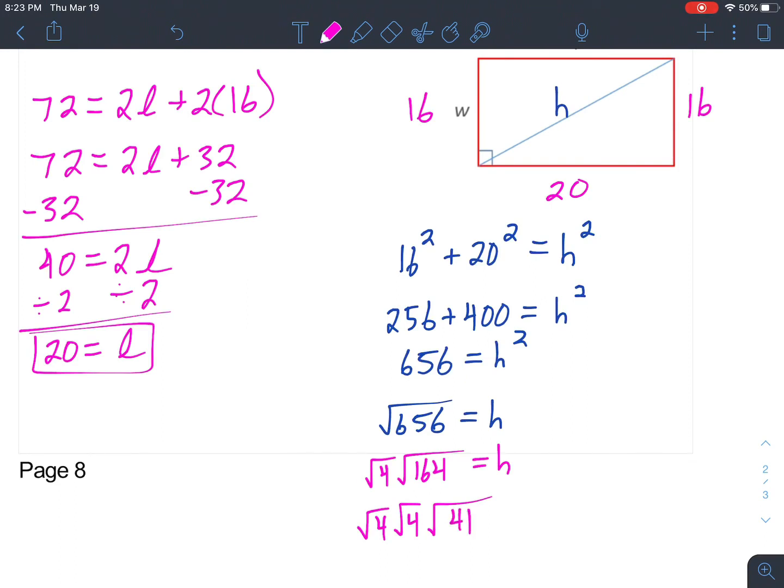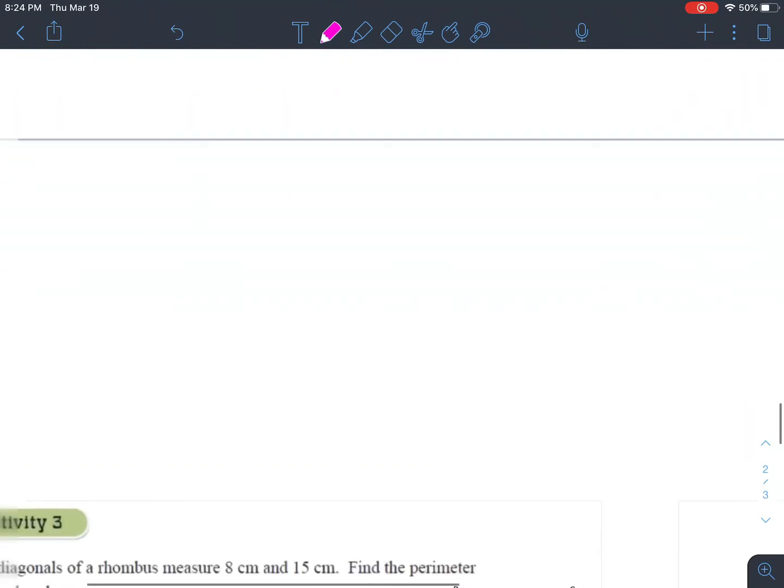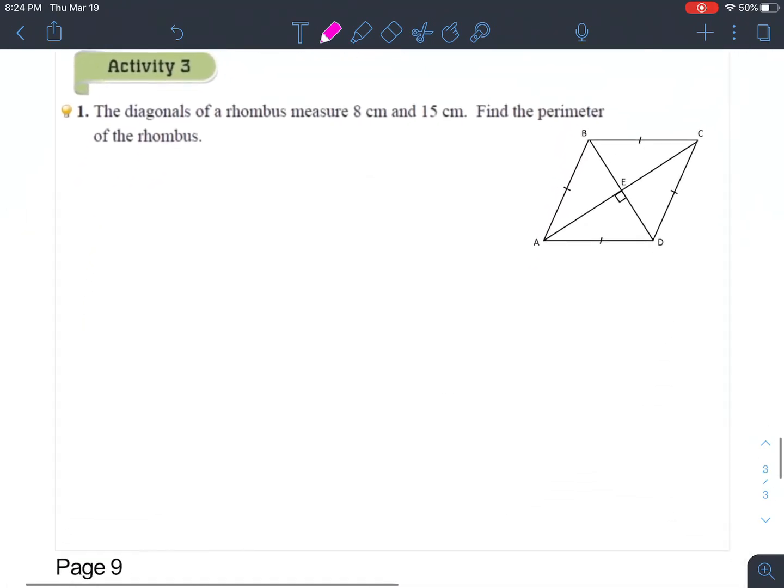And when we do 164 divided by 4, that is going to get us 41. And then 41 cannot be simplified any further. So the last part then, we can simplify square root of 4 times square root of 4. That is just 4, so the answer is 4 times the square root of 41.